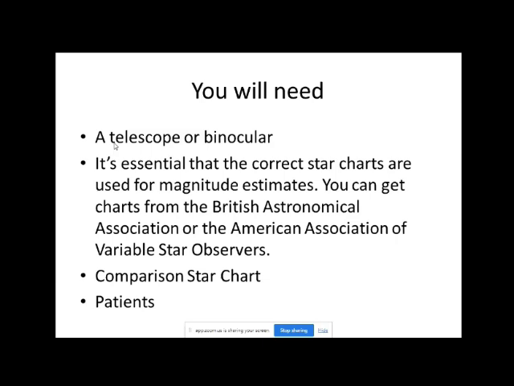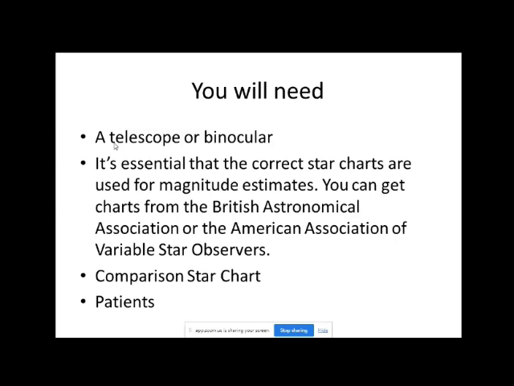One is a corrected star chart. Many of us launch an app on a smartphone or laptop and do not have any star chart, but this is very essential. We need a star chart. Actually, a paper star chart has a brightness guide at the bottom. This is very important, and another important thing is the comparison star chart.